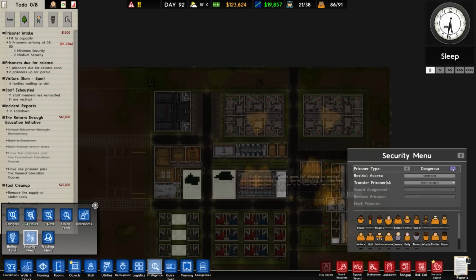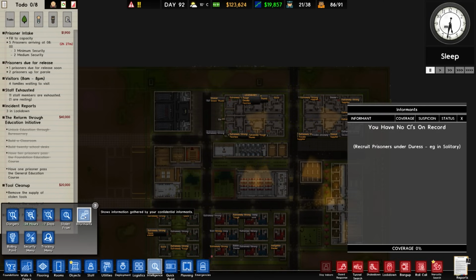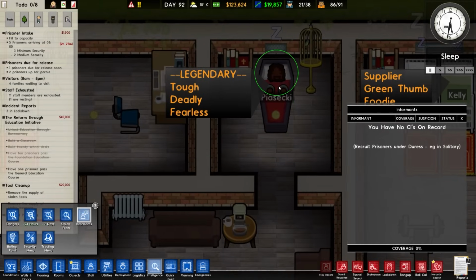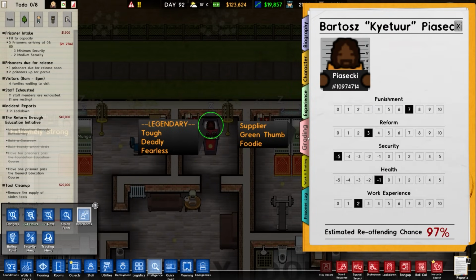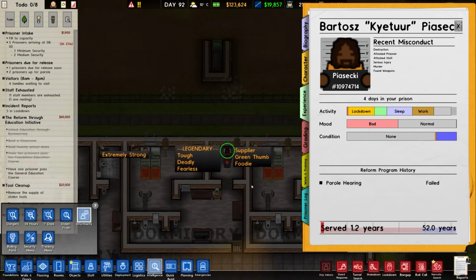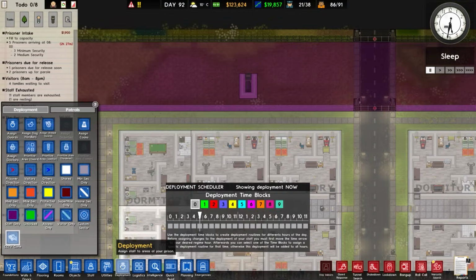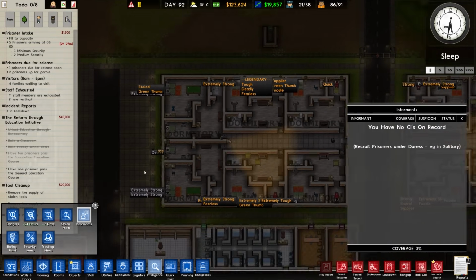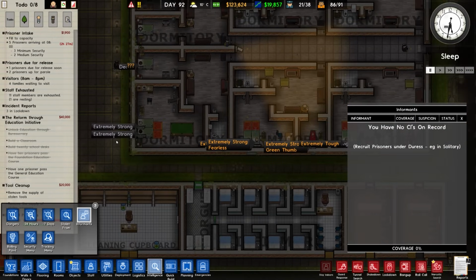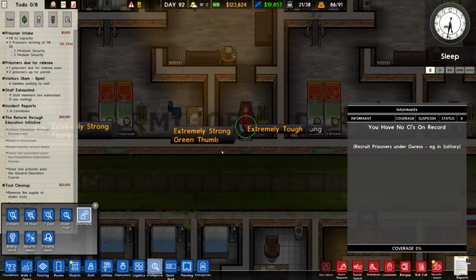Security. Dangerous, vulnerable. There's no vulnerable prisoners, apparently. We've got a legendary prisoner. Tough, deadly, and fearless. Legendary. Recent misconduct, everything. Apparently. Right, okay. So, we've got an unknown trait there. Extremely strong, fearless.